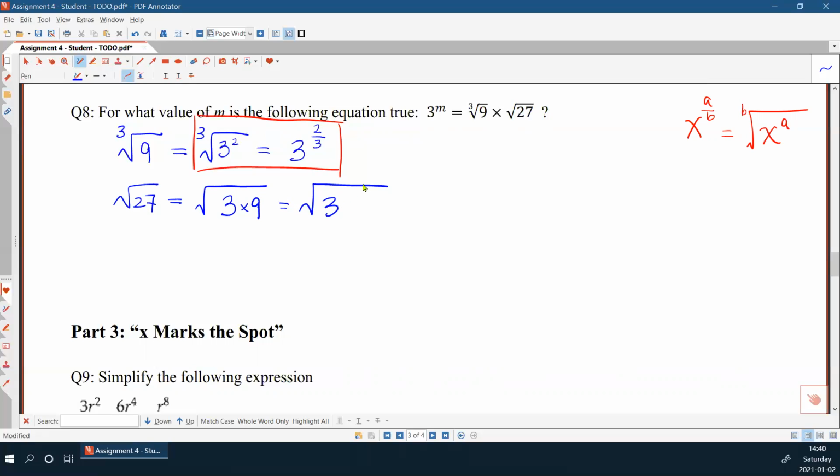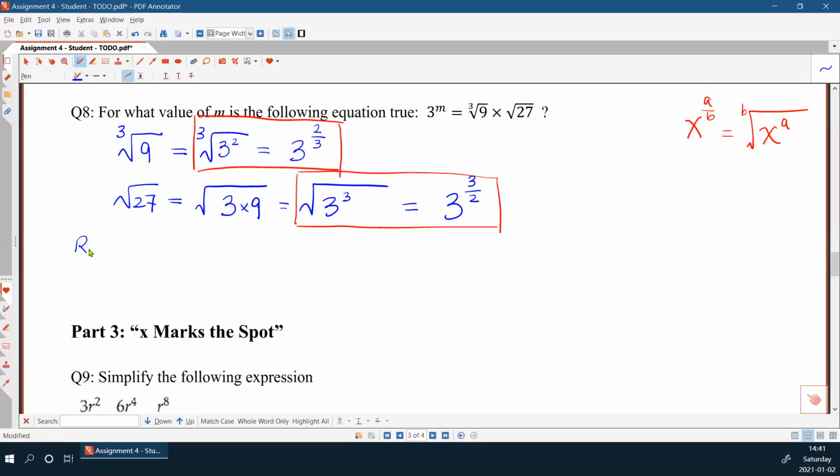And then this 27 can be rewritten as 3 to 3 times. Okay, this can also be rewritten as 3 to 3 over 2 times, right? Again, you should be able to rewrite a radical to an exponent here.